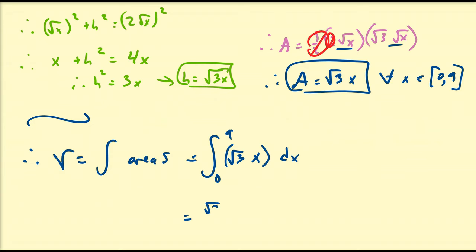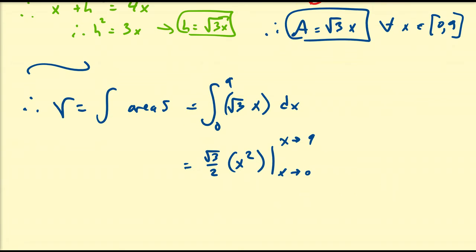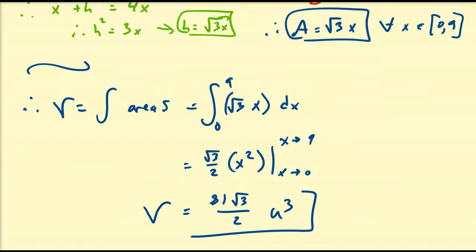So we know that that's going to be equal to the square root of 3 over 2 times x squared, evaluated from x equals 9 to x equals 0. 9 does not generate, 0 does not generate anything, so we just plug in 9. So we have 81 square roots of 3 over 2. And since this is the volume, this is going to be cubic units. And that's going to be the volume of that region.